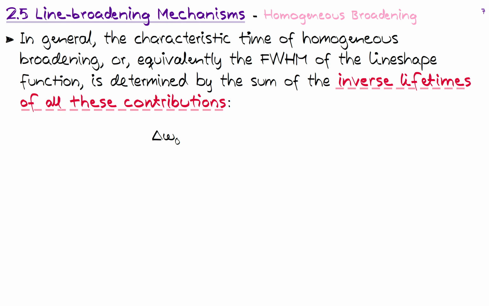So essentially, the homogeneous line width, the broadened line width, is given by the inverse of the total characteristic time, and that can be written as an inverse sum of all these different contributions, like this.